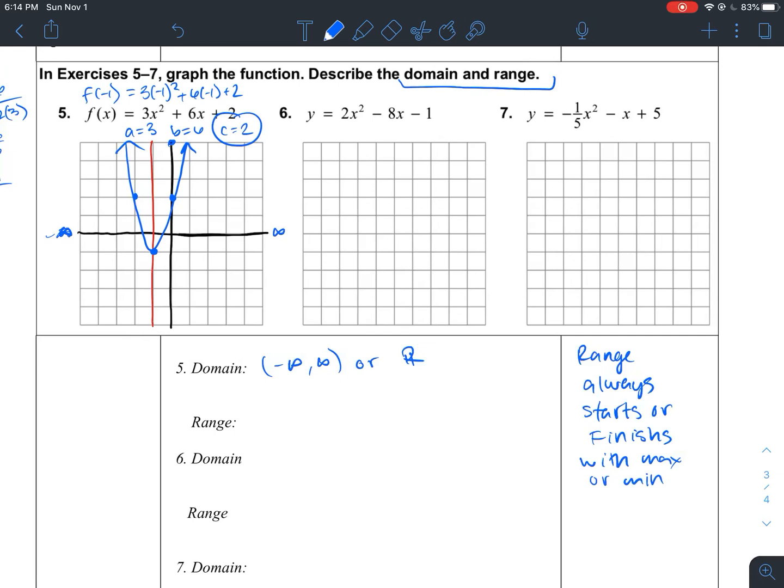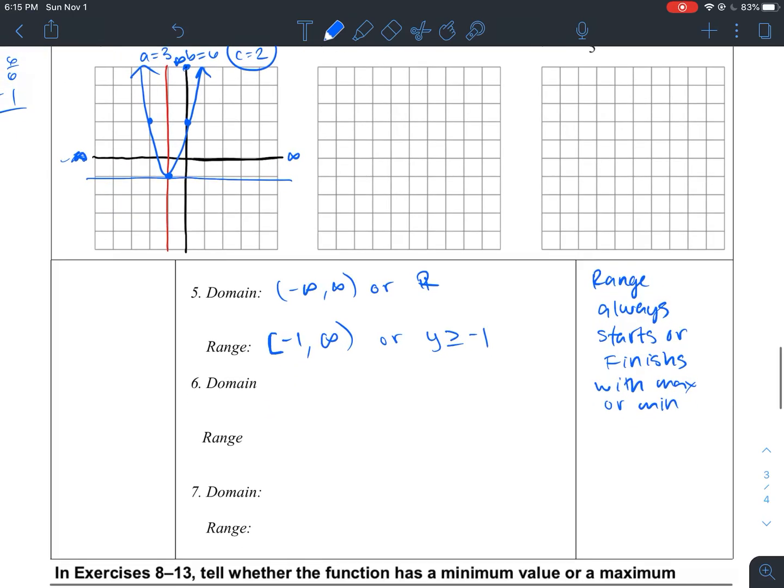So the lowest value would be right here. And that's going to be the minimum value, and that's the y value of the vertex. So that's going to be negative 1. And we go to positive infinity on the y. So negative 1 to positive infinity, or you could say y is greater than or equal to negative 1.